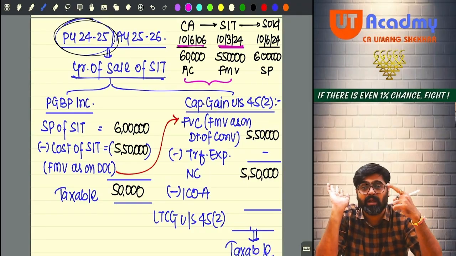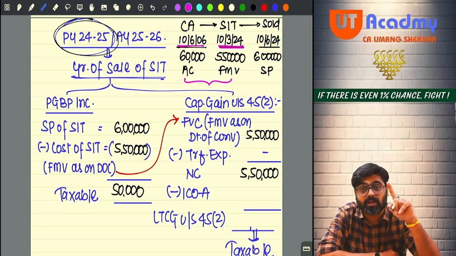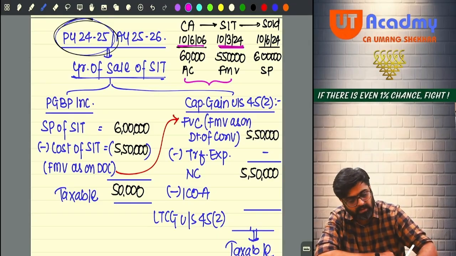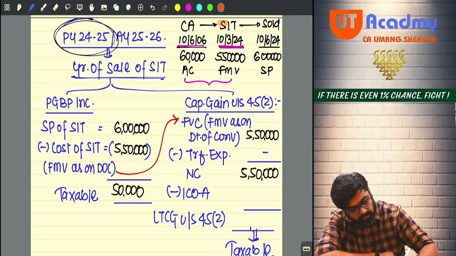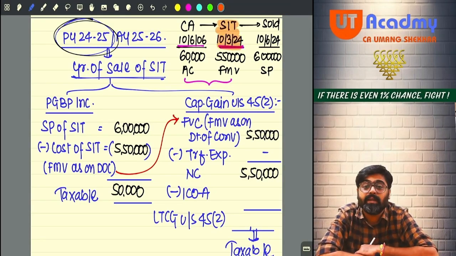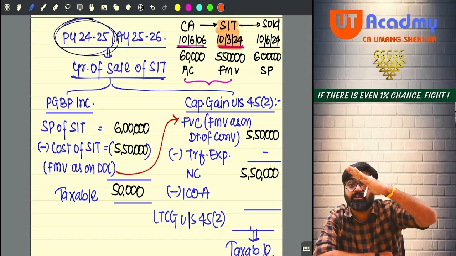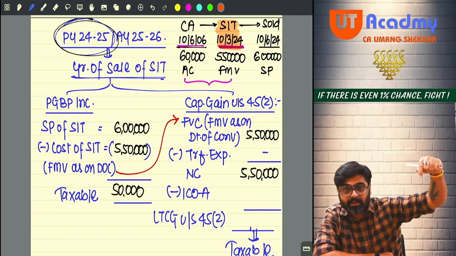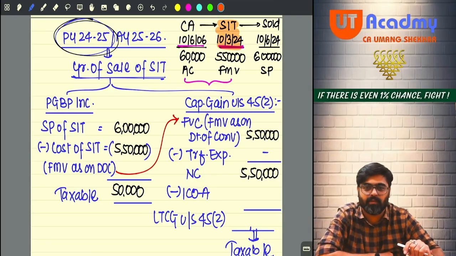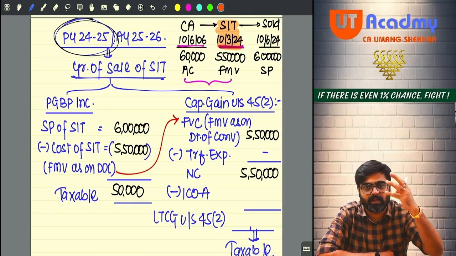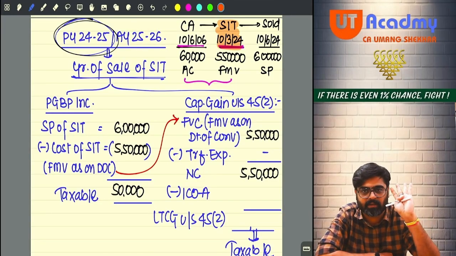And why am I checking 12, 24, 36? Because the conversion is made prior to 23rd July. Conversion means transfer made prior to 23rd July 2024. So the old periods of holding can be checked.